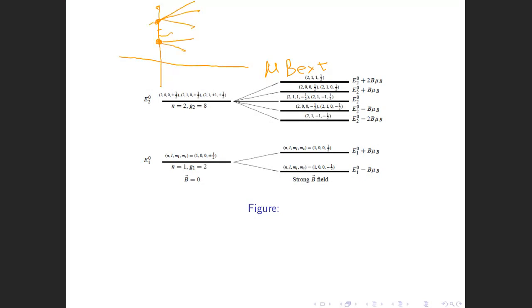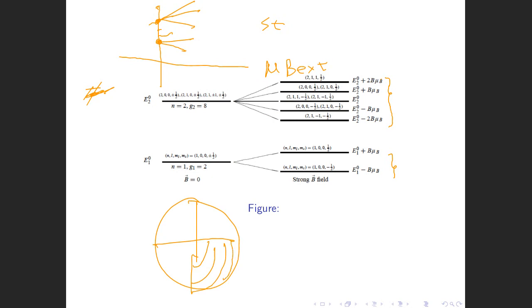I think this diagram I still have to improve, which will show what happens for the strong Zeeman effect, and then this is the splitting for the Zeeman effect, which is obviously different from the other one, which ties with that picture. So if I gave you that picture with the circle in the beginning, without magnetic field, they don't split, but depending on whether you apply a strong or weak field, they split differently, which will be explained by this diagram.